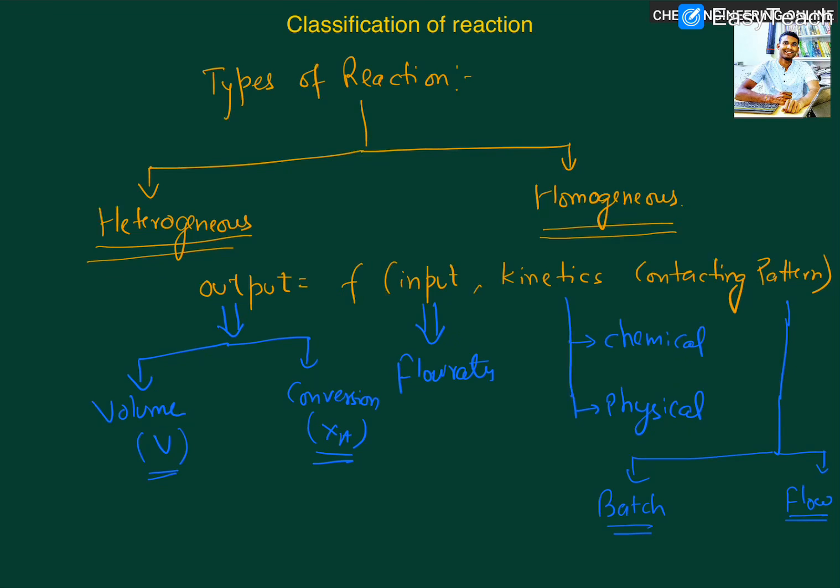Each portion we will discuss in detail, but for now the kinetics, physical and chemical, will define our heterogeneous and homogeneous type of reaction. So which kinetics are homogeneous and which kinetics are heterogeneous? So chemical kinetics is only change in the reaction. Here this chemical kinetics is change in chemical composition.